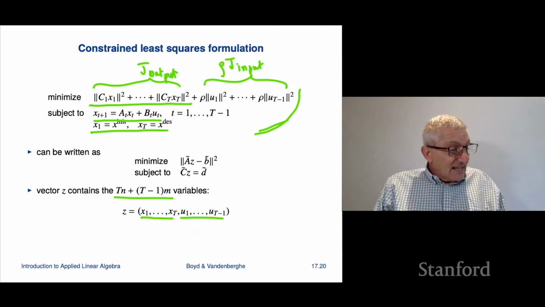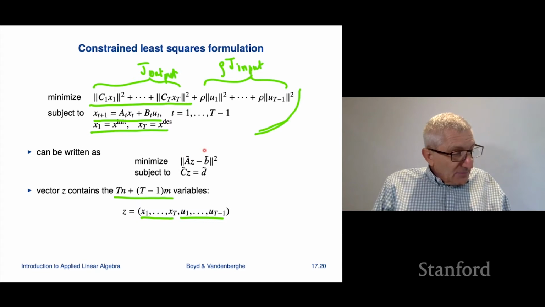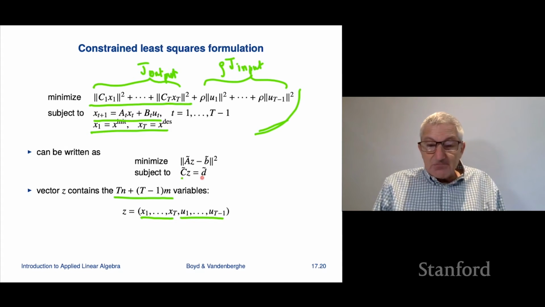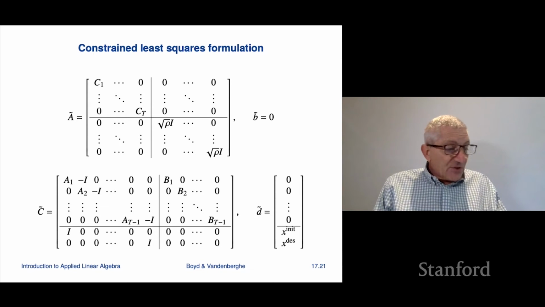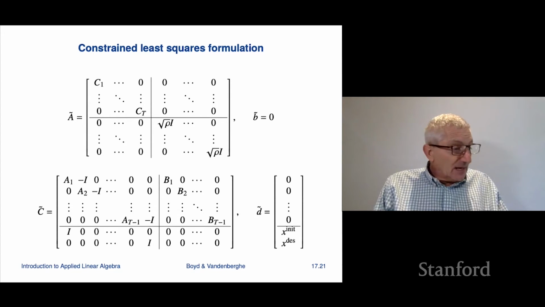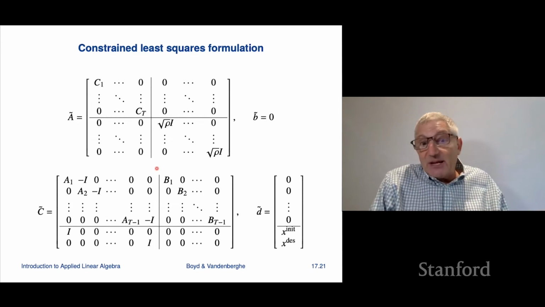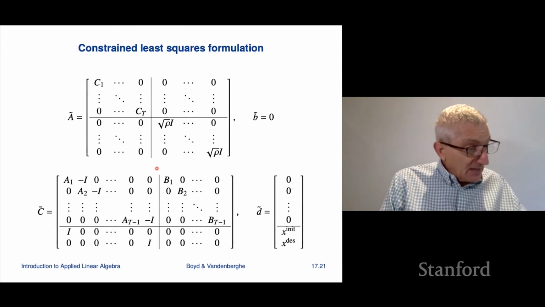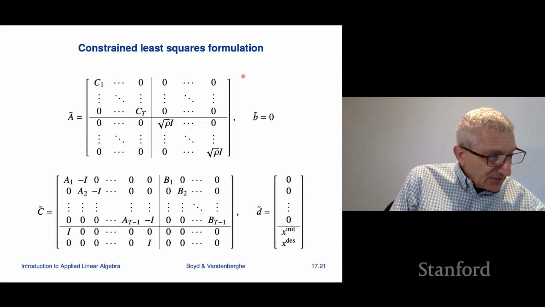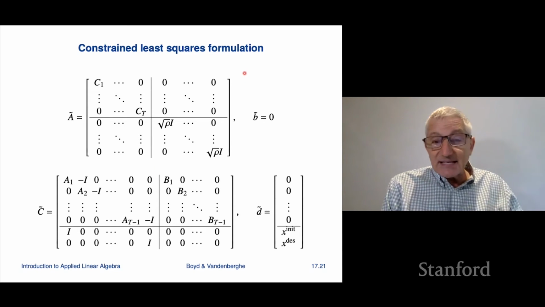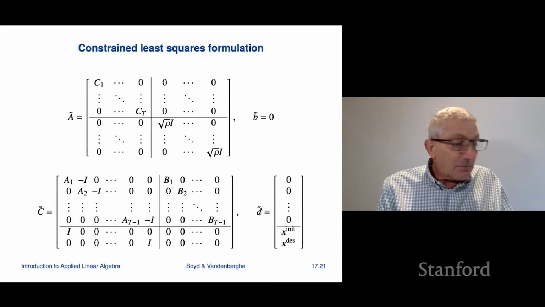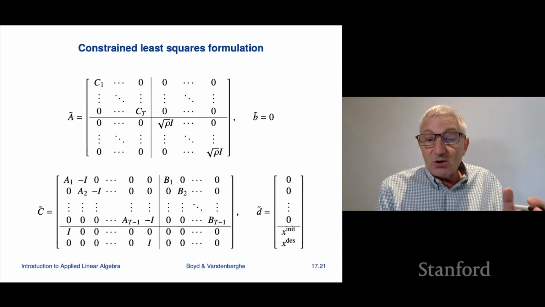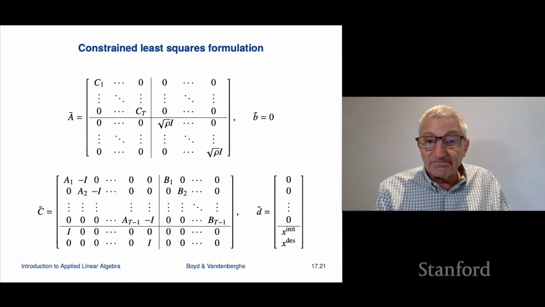Okay, so that's z. I still have to tell you what A tilde, b tilde, C tilde, and d tilde are. So let's first look at A tilde and b tilde. So A tilde is this giant matrix here. You have to put z here, and let's remember what z is. Z is the x's stacked on top of the u's. Now, A tilde is block diagonal.